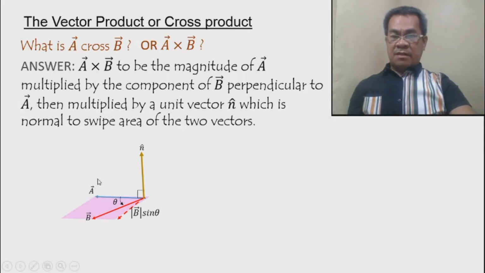So the first factor is the magnitude of A, the second factor is the component of B perpendicular to A, then the third factor is n hat.